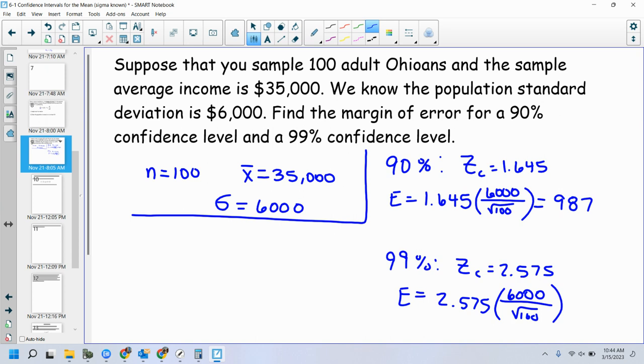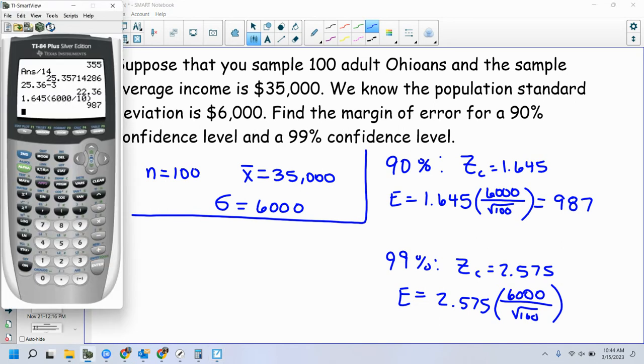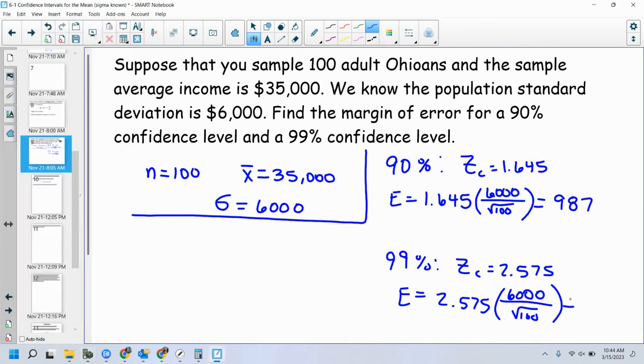If you're more confident, wouldn't the error margin go down? Let's see. Well, it's not going to, is it? You already know, based on the math, right? Times 6,000 divided by 10 is 1,545.